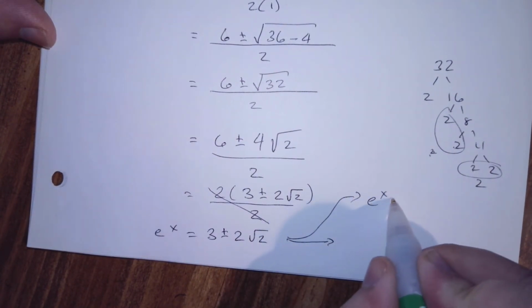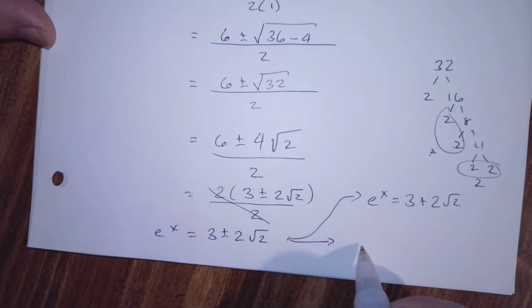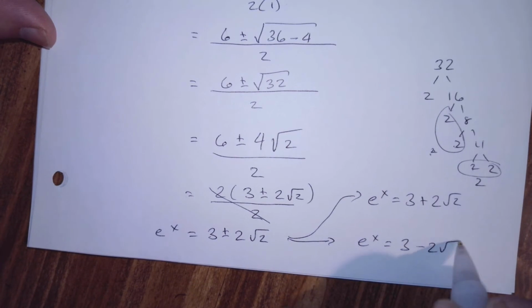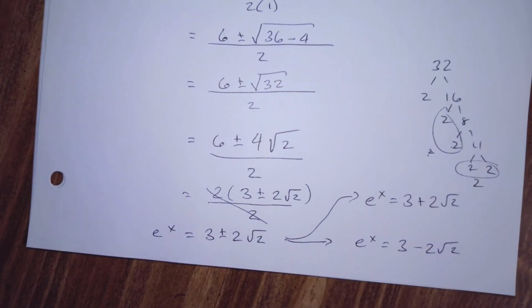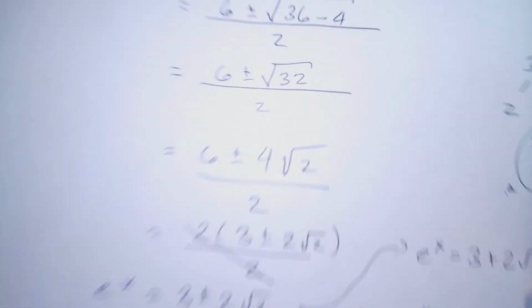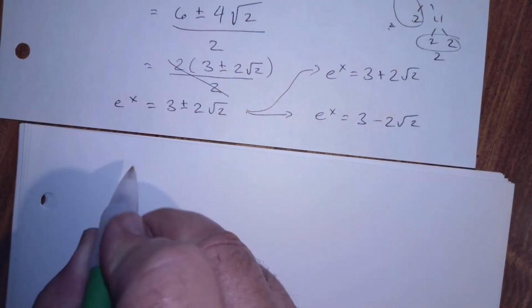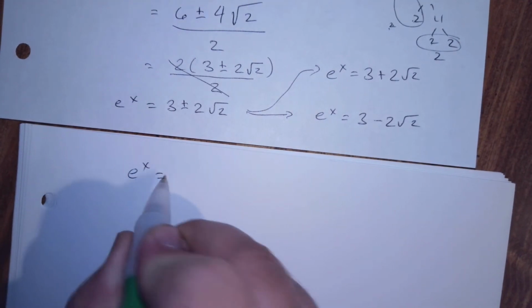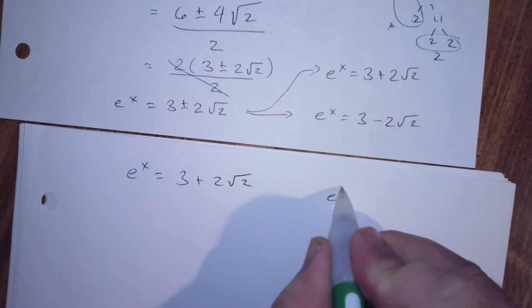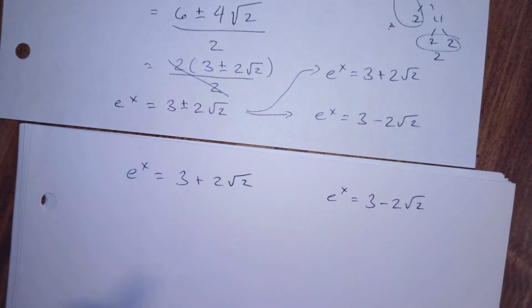So e to the power x equals 3 plus 2 square root of 2. e to the power x equals 3 minus 2 square root of 2. Okay, let's see how we solve those.